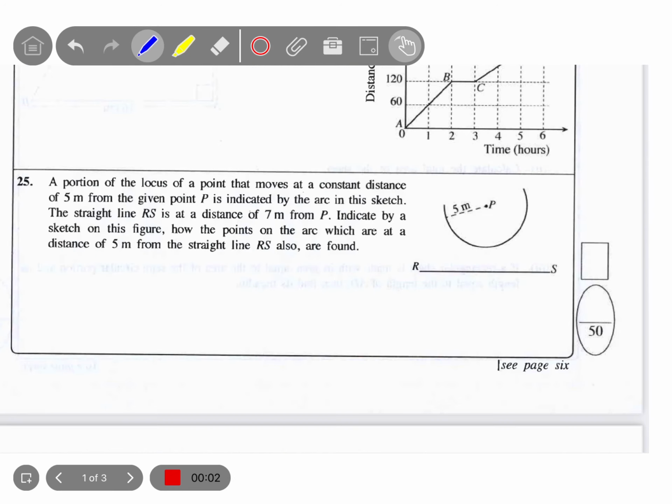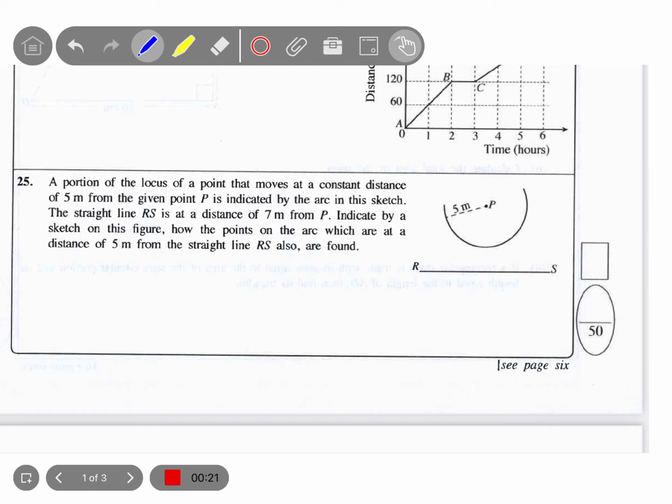Okay, we are finally into the last question. This question says a portion of the locus, which is the path of a particular object that travels across a plane, for example.